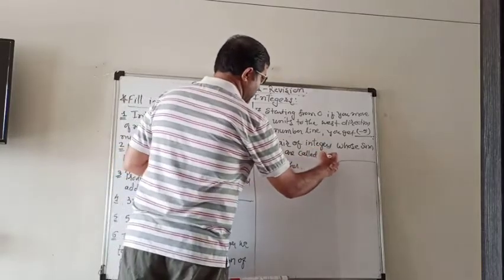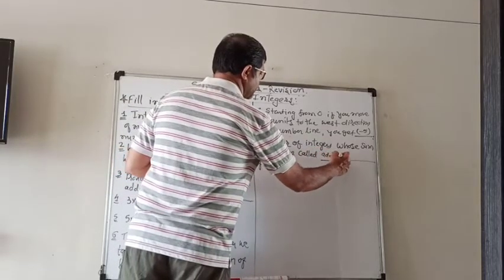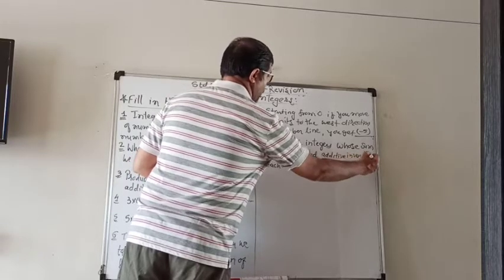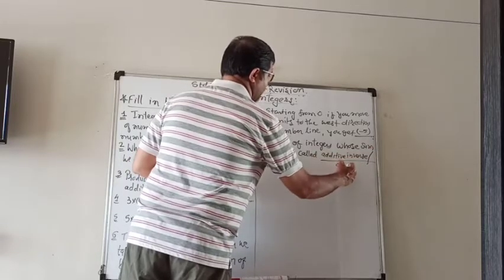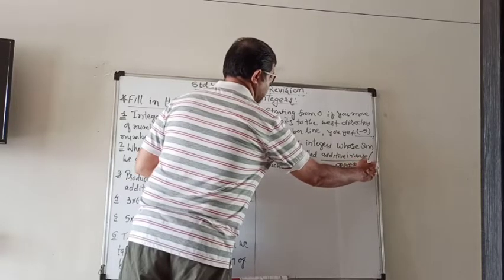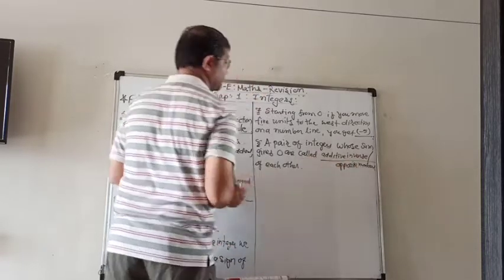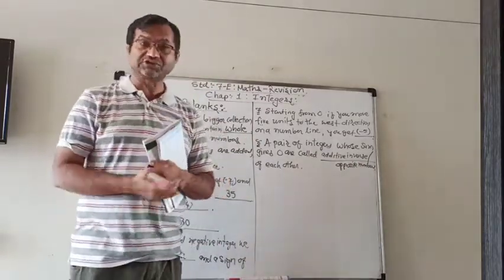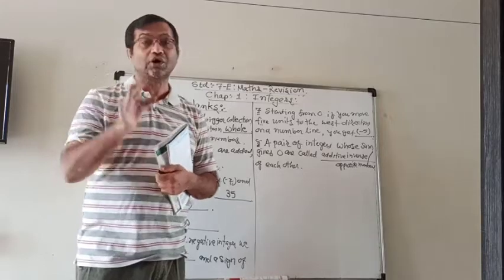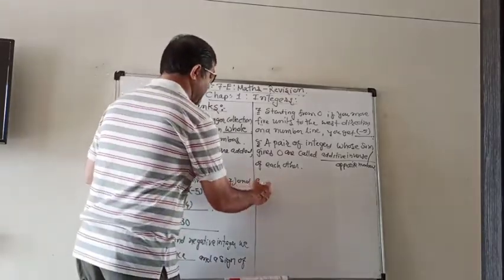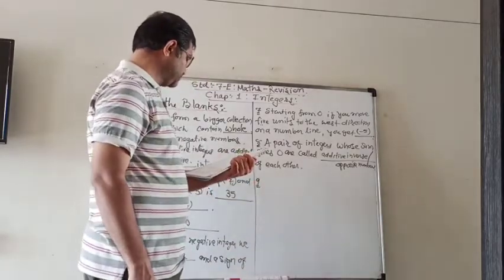So you can write down additive inverse, or you can write down opposite numbers. You can write down any of these answers, whatever you remember, because they are known as additive inverses of each other, or they are known as opposite numbers of each other.